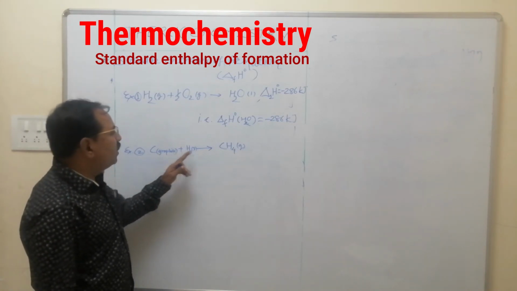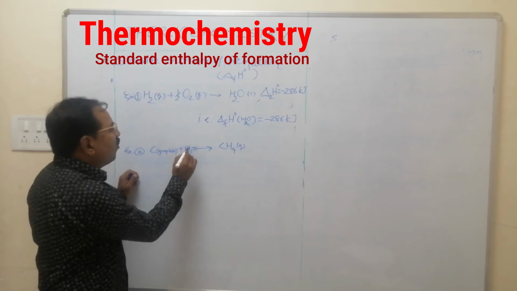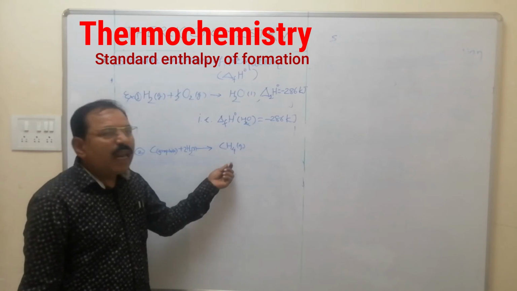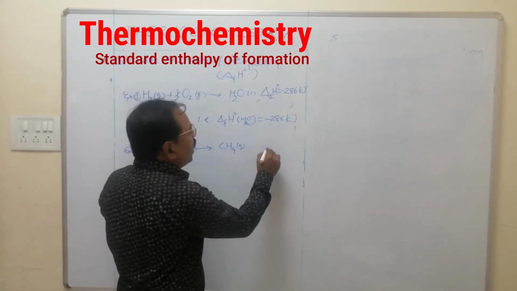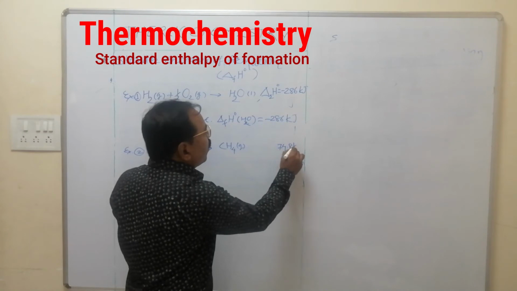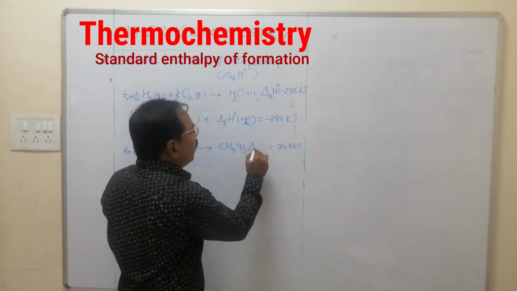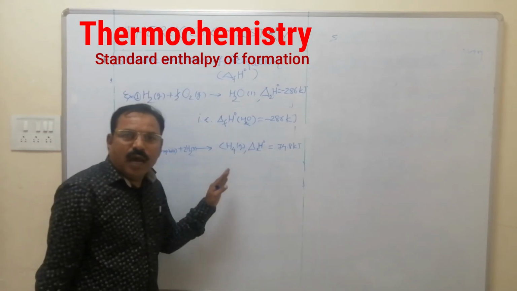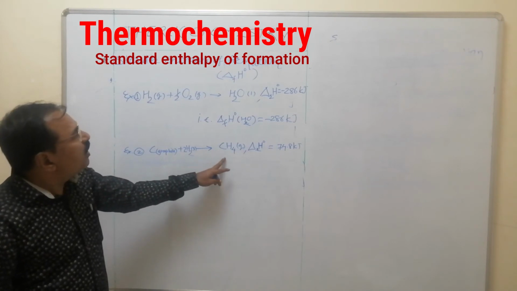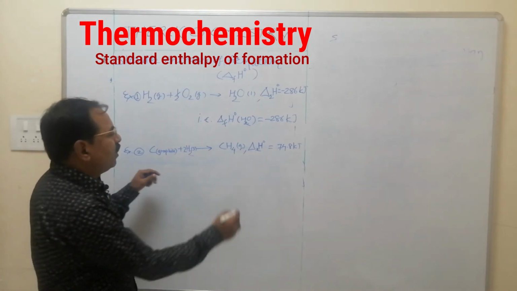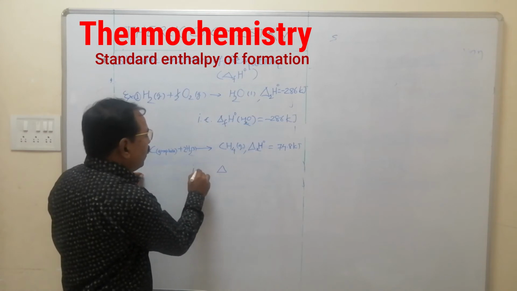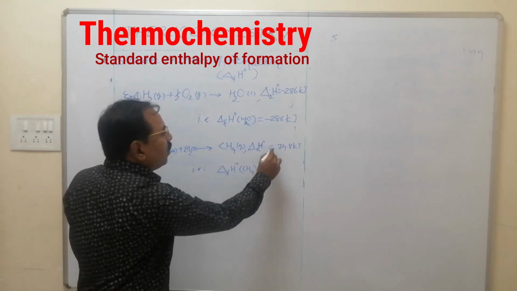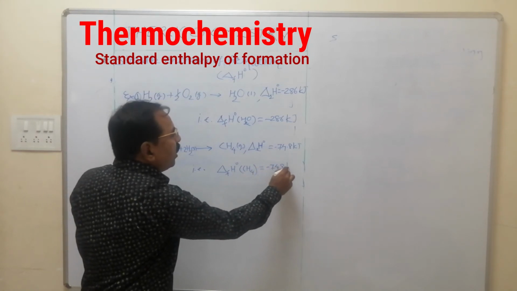The balanced equation: CH4, that means right here 2 molecules of H2. Now the formation of methane gas, and the standard enthalpy of this reaction is minus 74.8 kilojoule, and this standard enthalpy of reaction is the enthalpy of formation. That is, the enthalpy of formation of methane is equal to minus 74.8 kilojoule.